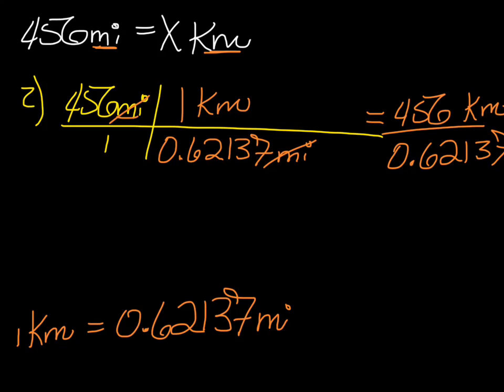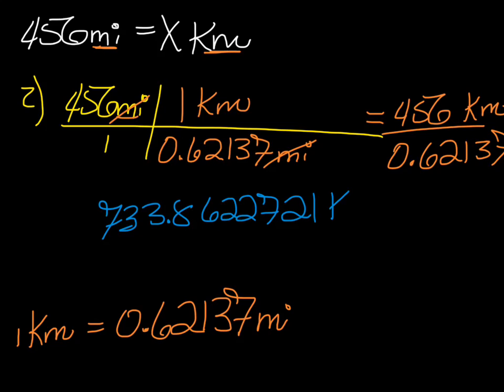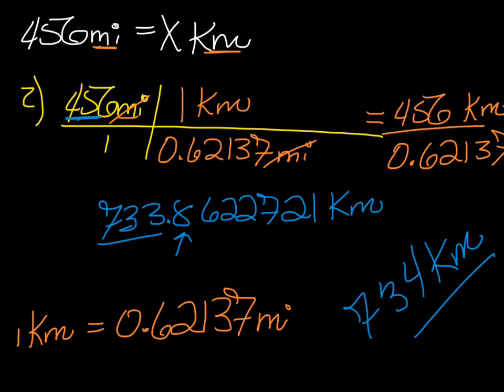I end up with 733.862271 kilometers. Let's go back to our original question. We have 3 sig figs, which are those 3 there. We'll look at the 8, which is 5 or bigger, which means we have to round up. So for the first problem, our final answer is 734 kilometers. Okay?